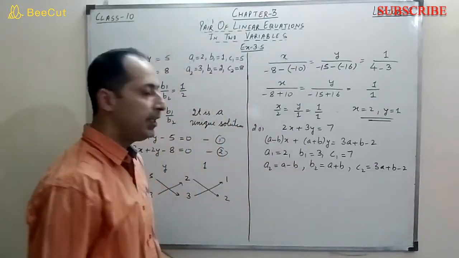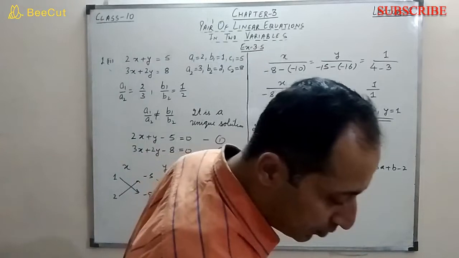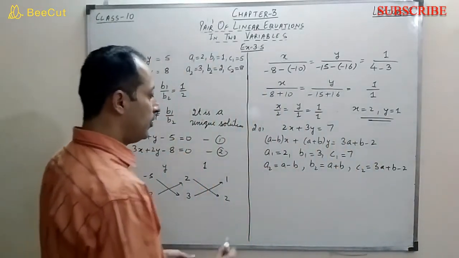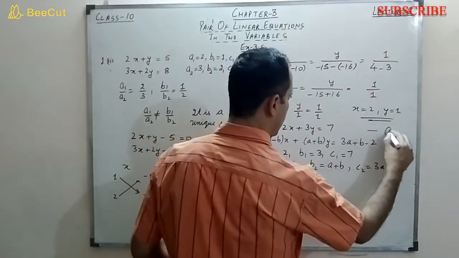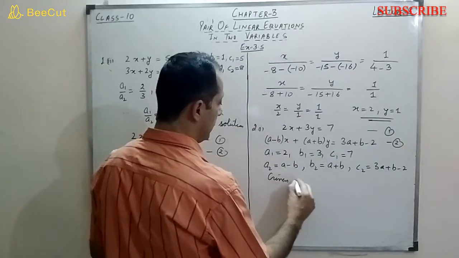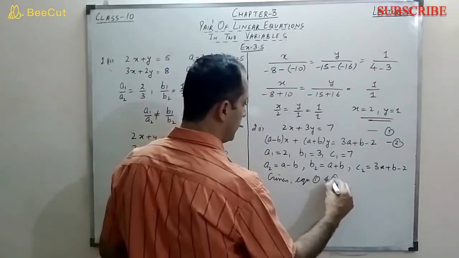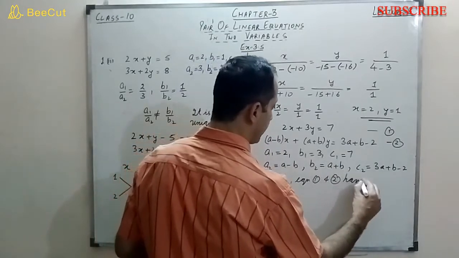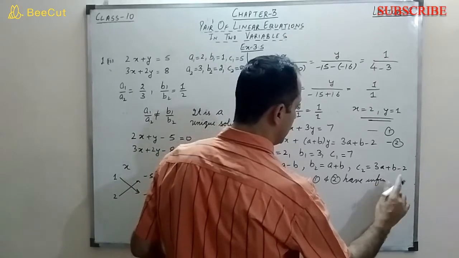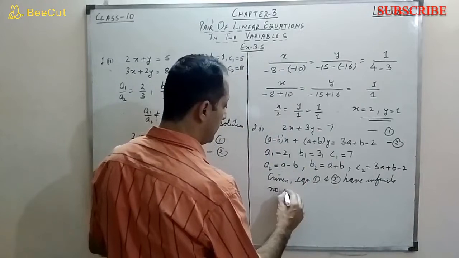Now I have to find the values of small a and small b. The condition given to me is that the two equations have infinite number of solutions. I write here, equation 1 and 2 have infinite number of solutions.